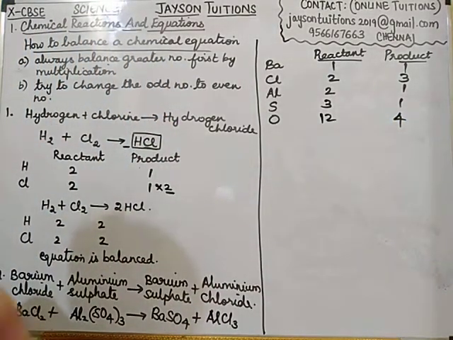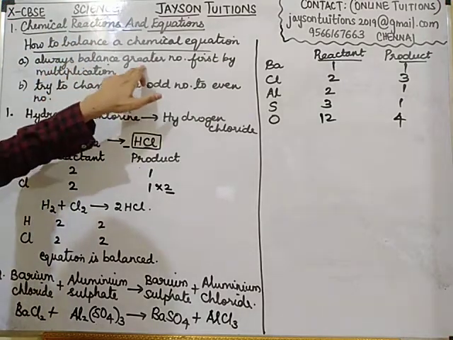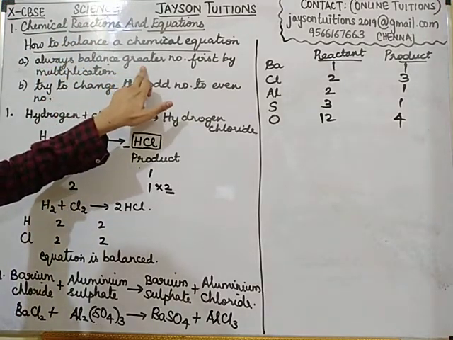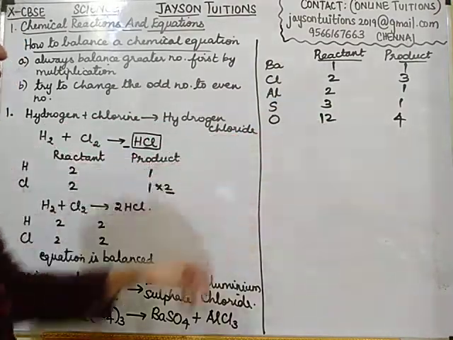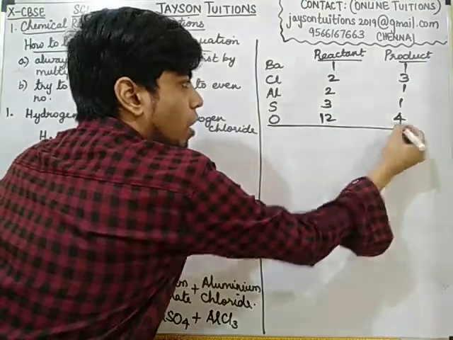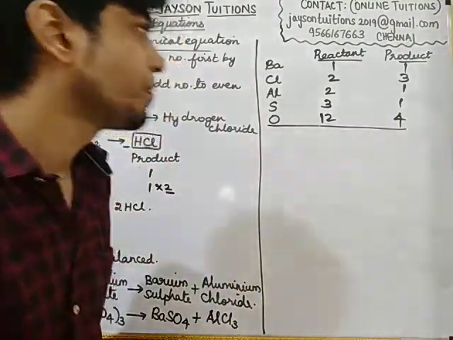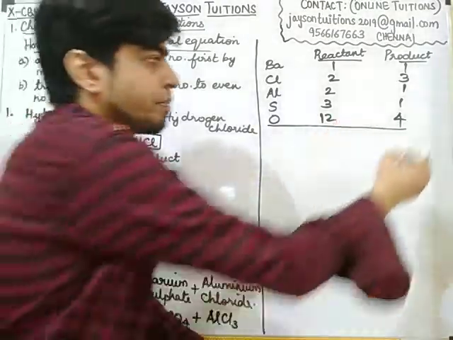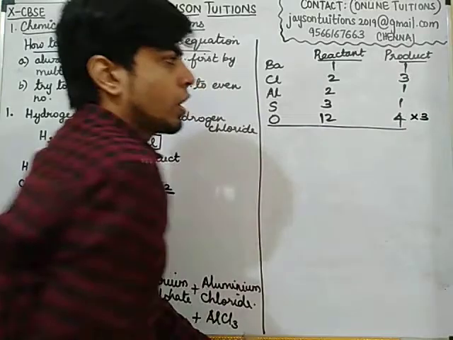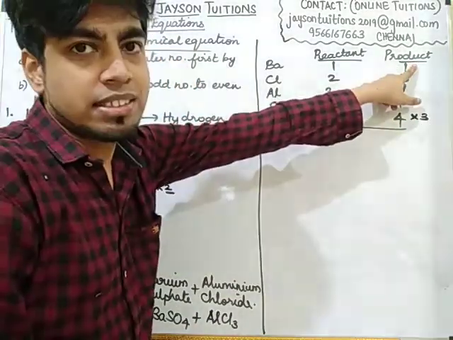Okay. Now I have told you the hint. First you should always balance the greater number by multiplication. Here which is the greater number? 12. So you have to balance this oxygen 12 and 4 first by multiplication. So can you convert this 4 into 12 by multiplication? Yes. So 4 threes are 12. So where am I going to write this 3 on the product side?